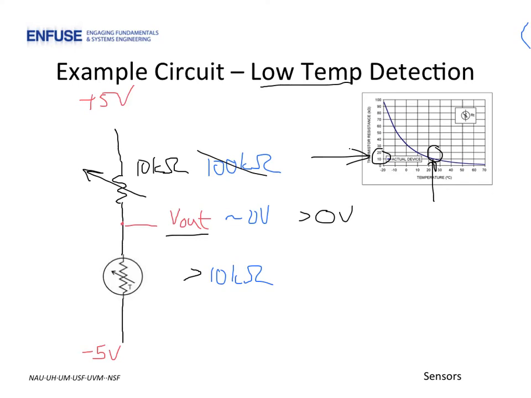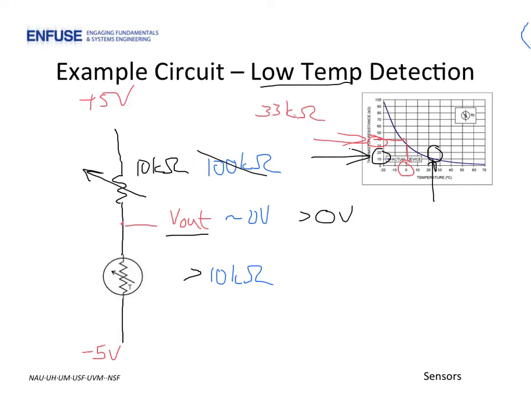If we wanted our circuit to detect freezing, then we would need to adjust our potentiometer. By looking at this curve, we see that at freezing, the thermistor has approximately a 33 k ohm value.